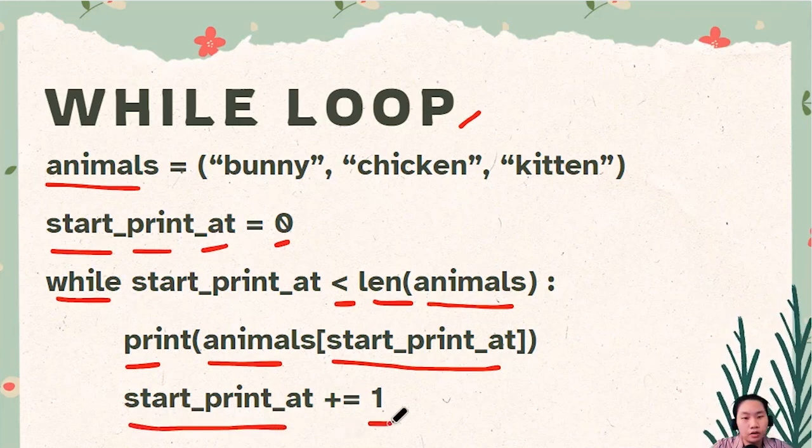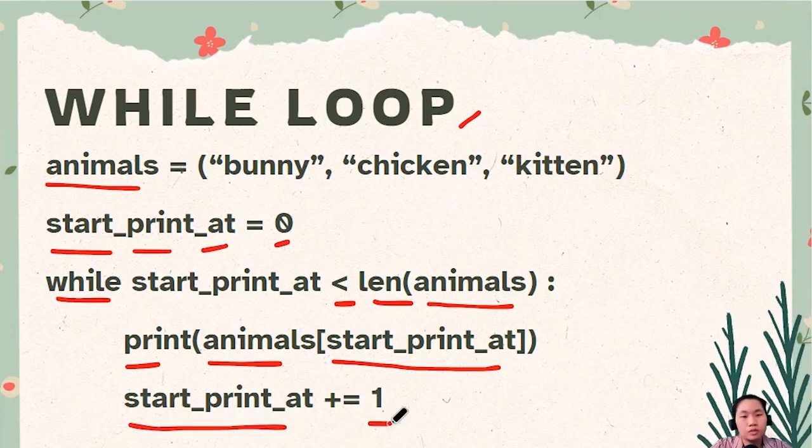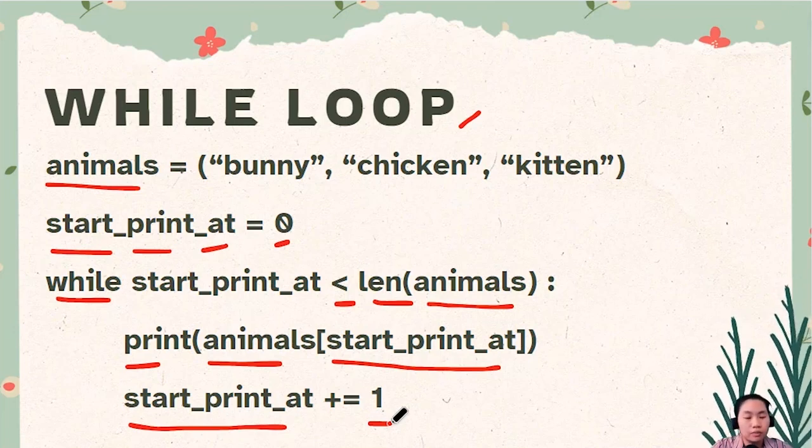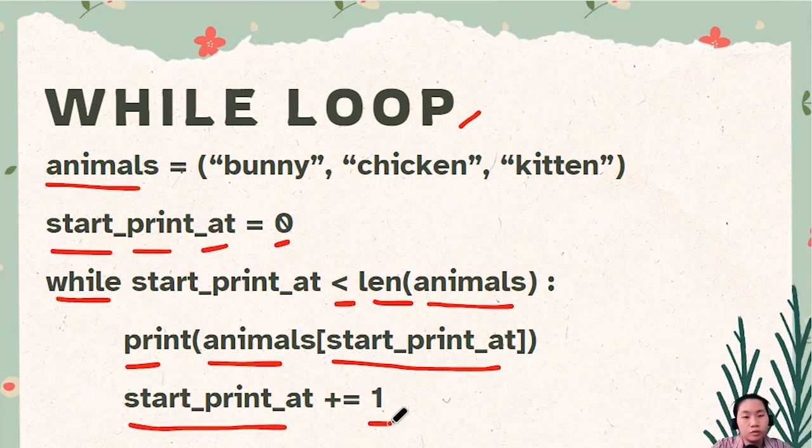So after it prints index 0, the index is going to be 1, so it prints index 1, and then after it prints index 1, increase it one more time, so the index is going to be 2. It's incremental like that.